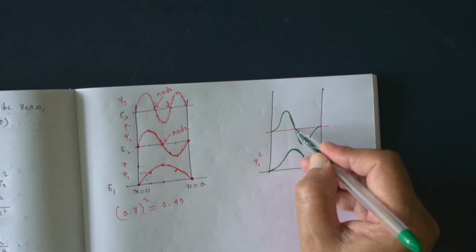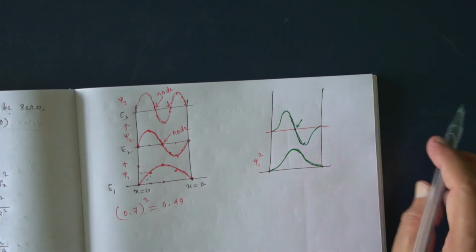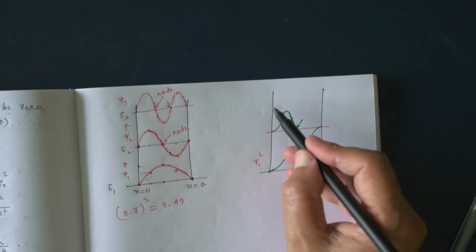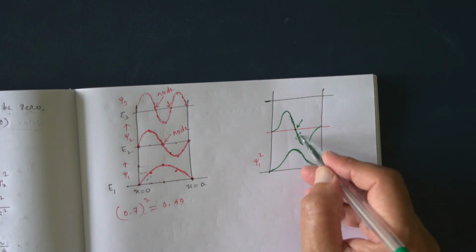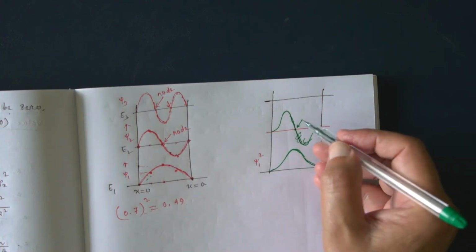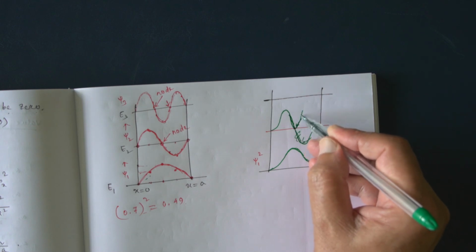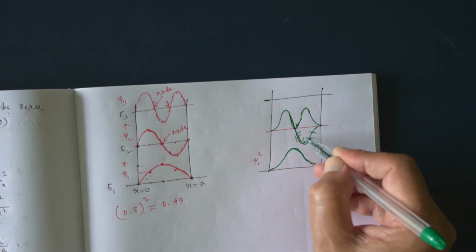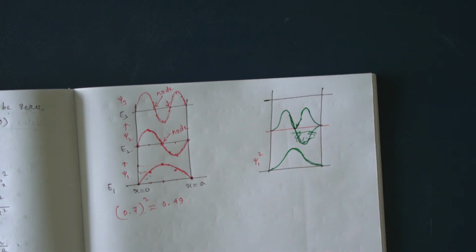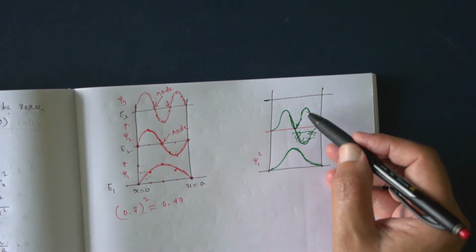So this is the node where psi is 0 or probability is 0. Sorry, it is not this. If you square, it will go up. Because we are squaring a negative, if we square it, it will go up.